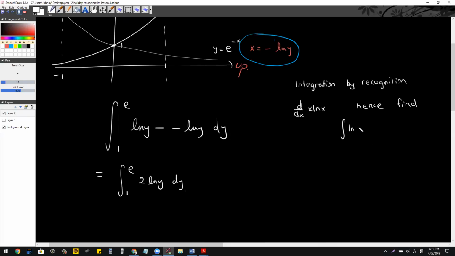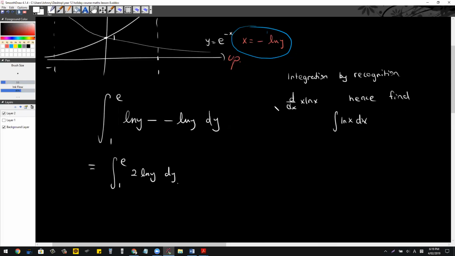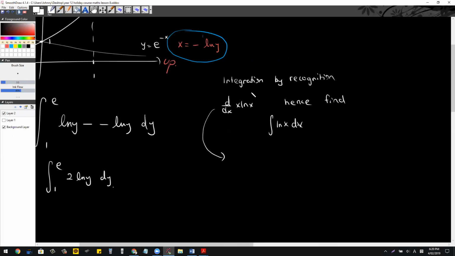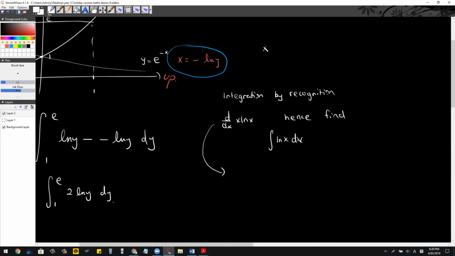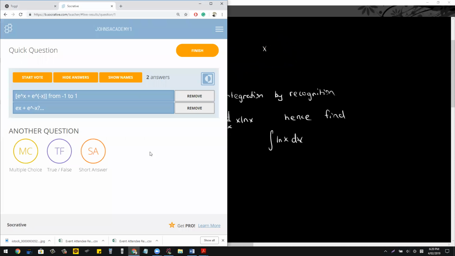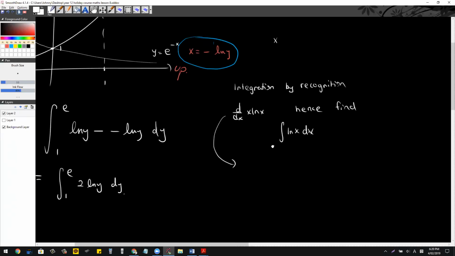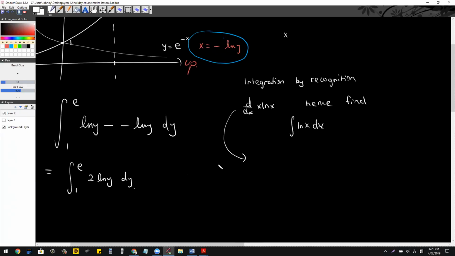Differentiate x ln x with respect to x, please, okay? I'm not sure if you guys can do this. You can do this by product rule, you know? So I want you to try that right now, and then we can do this one here, okay?